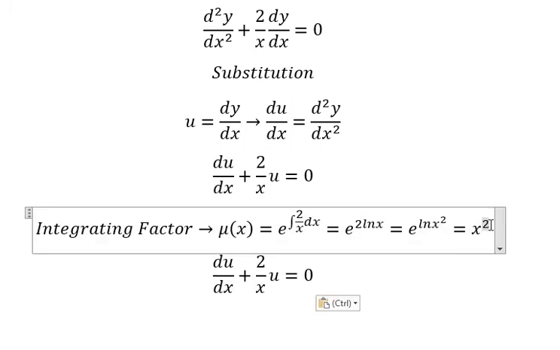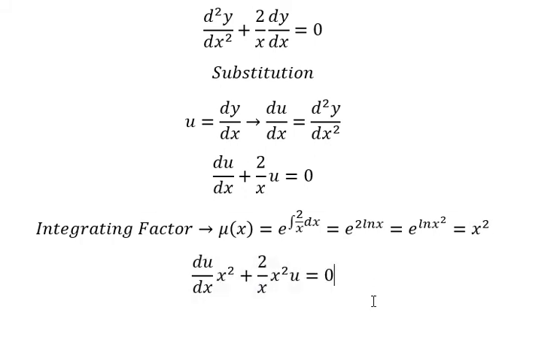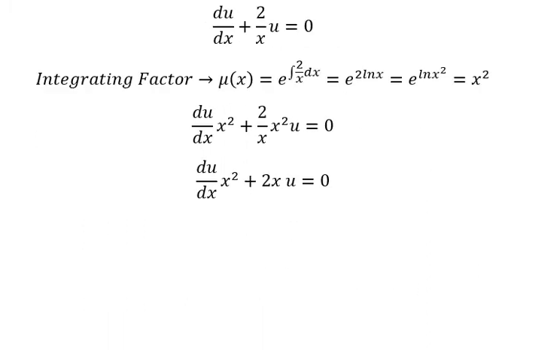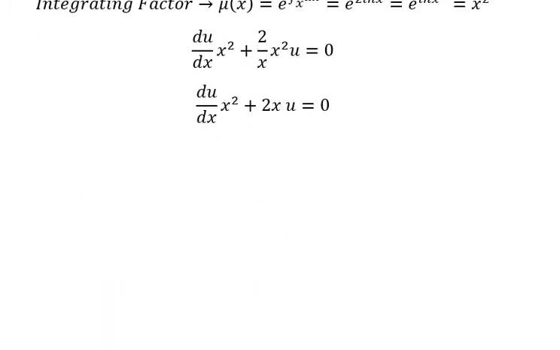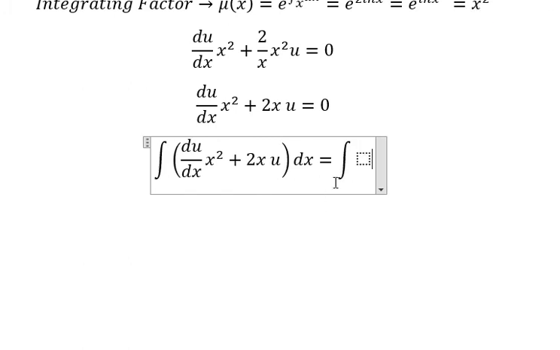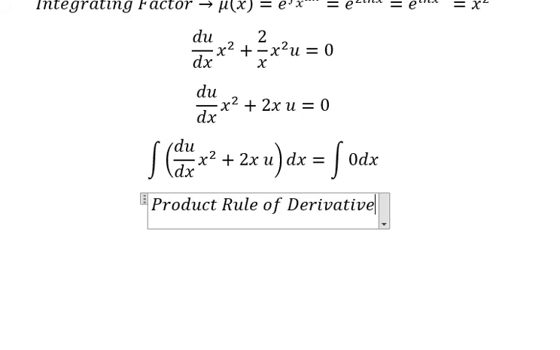That means we need to multiply both sides by s squared in here. So this one gives us 2s. Next, we put the integration for both sides. We can apply the product rule of derivative.